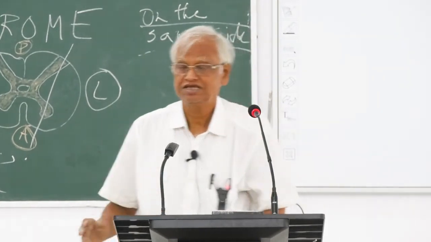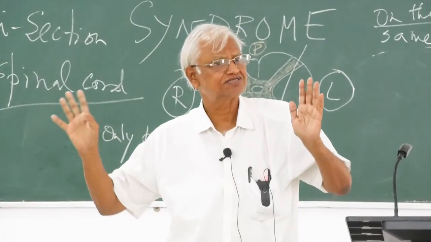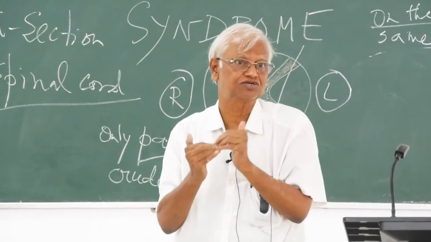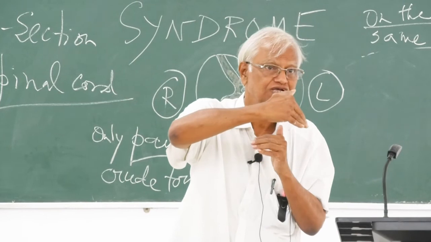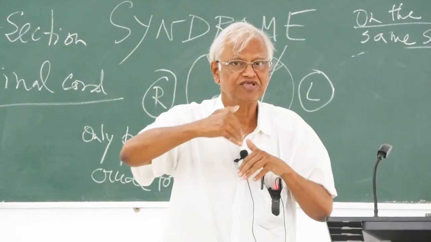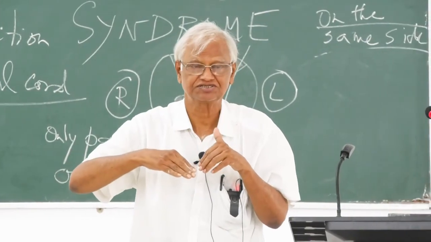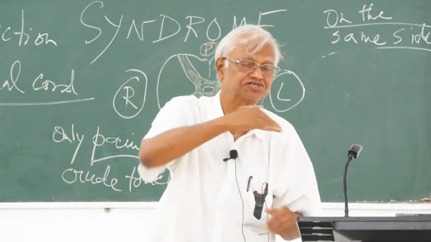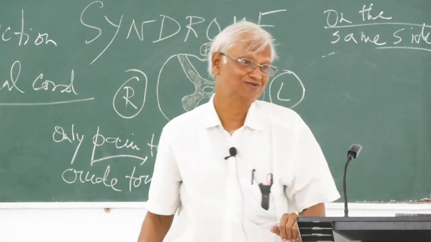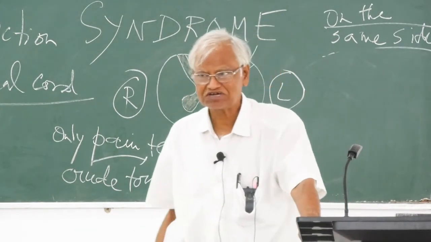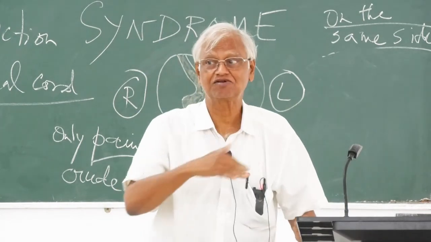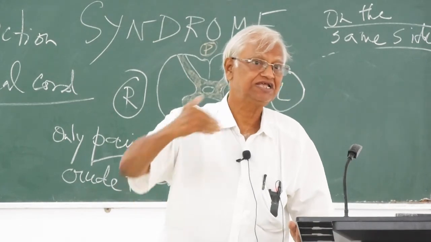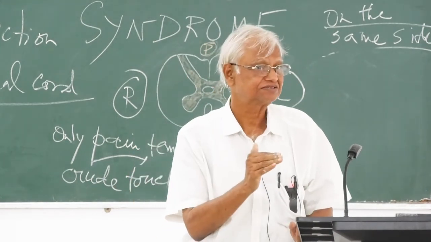All sensory fibers pass into the spinal cord through the dorsal root. You know there is one ventral root and a dorsal root. All sensations enter the spinal cord through the dorsal root, and through the ventral root, motor impulses go away from the spinal cord to muscles.